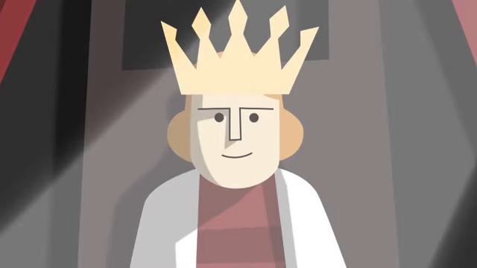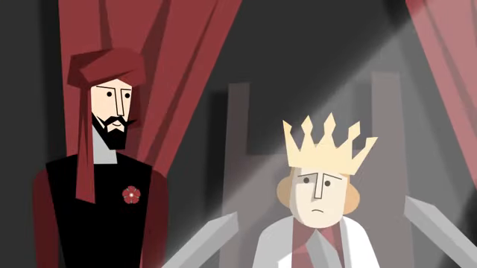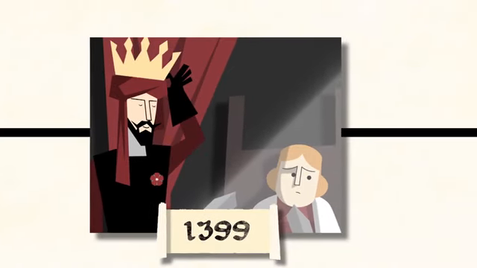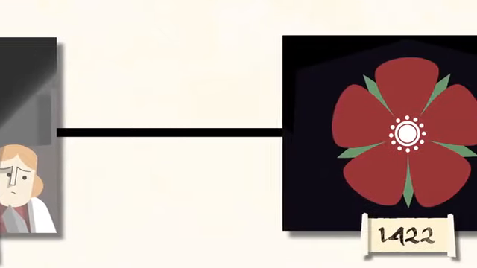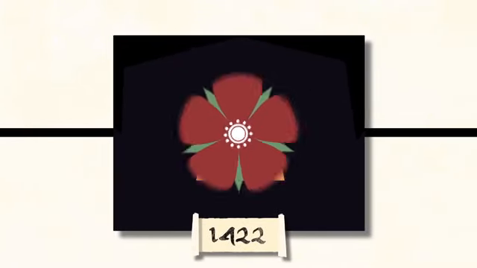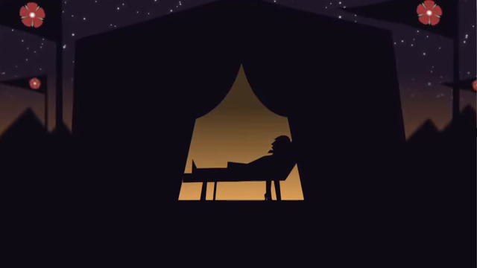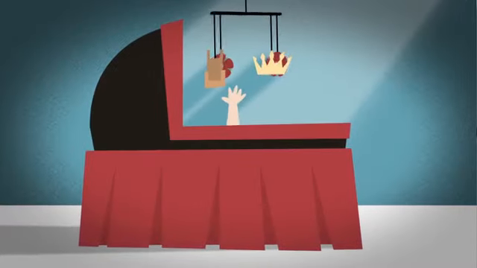The Lancasters first gained the throne when Richard II was deposed by his cousin Henry IV in 1399. Despite sporadic unrest, their reign remained secure until 1422, when Henry V's death in a military campaign left an infant Henry VI as king.